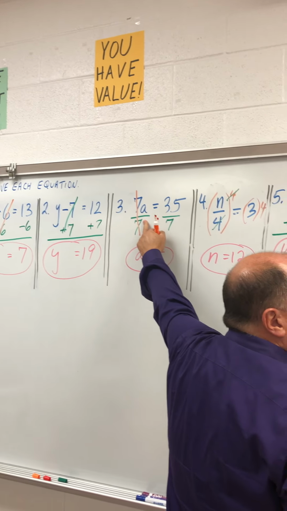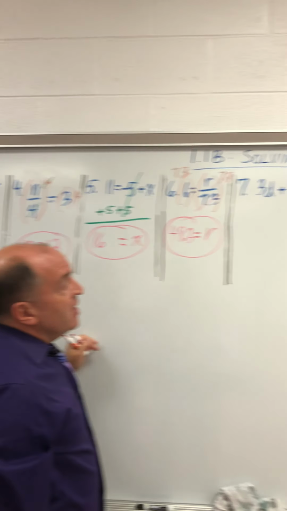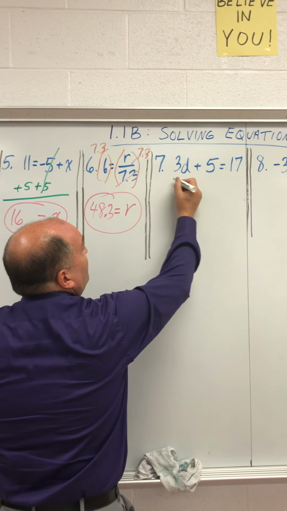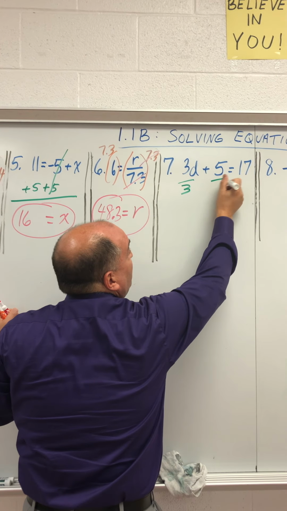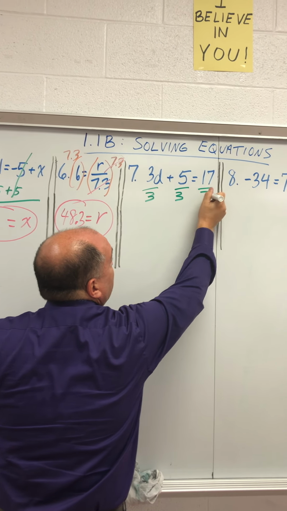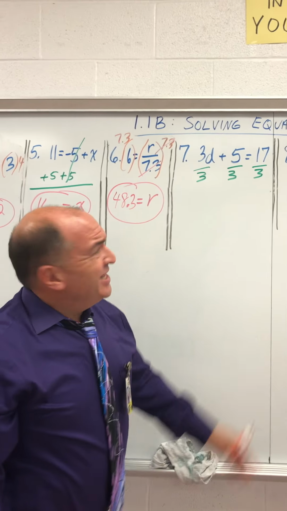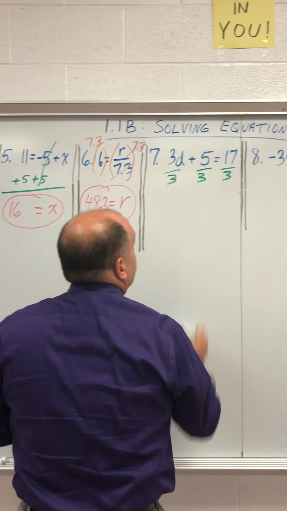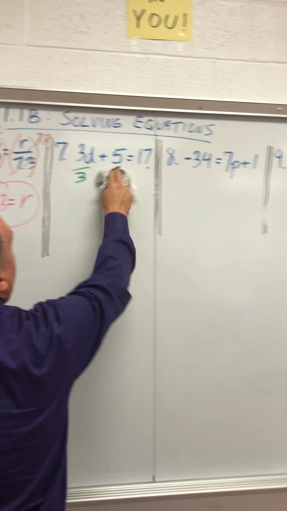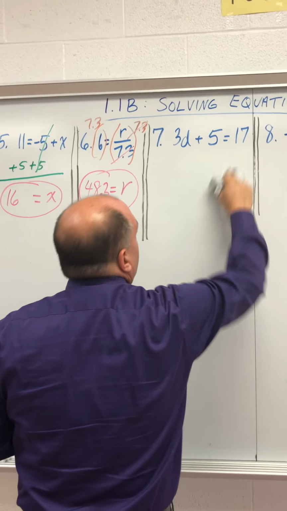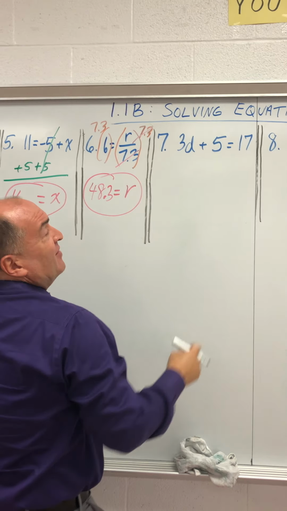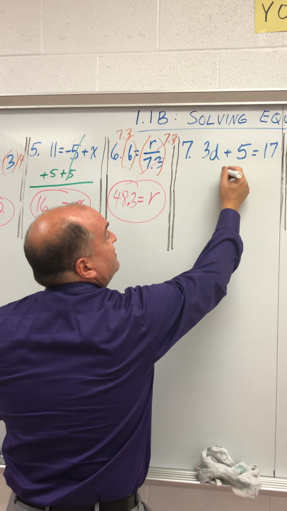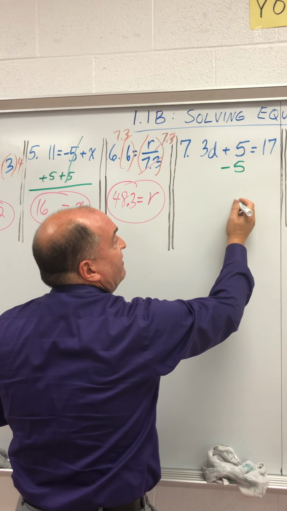Now, ladies and gentlemen of the jury, you see 3D. Remember how we divided when the number was next to the letter? You could divide by 3, which means you have to divide this by 3 and divide this by 3. Do you want to deal with 5/3 and 17/3? I don't. So, nope, not doing that. First I'm going to minus 5 because it's plus 5.